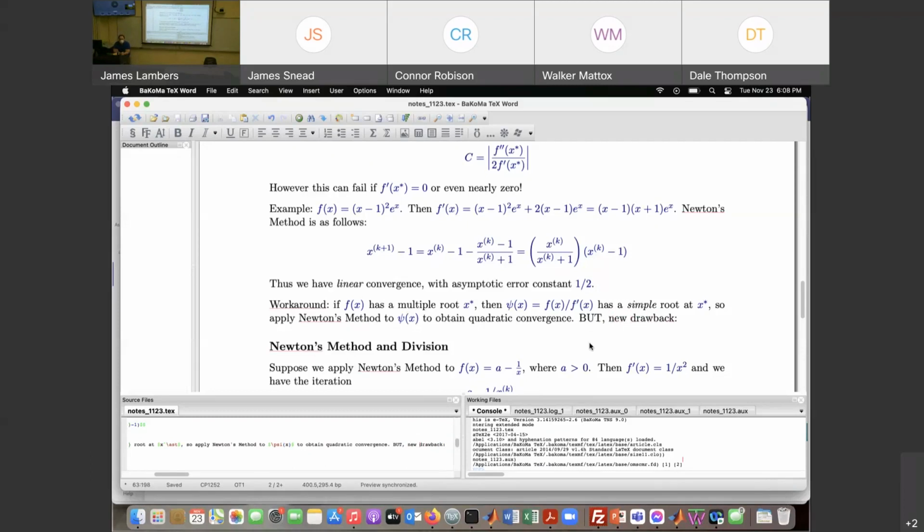I'm sorry, I can't hear you. It would fail if f prime goes to 0. Well, yeah, that is a risk, but beyond that. It's not new. I believe that our formula is going to require us to use the quotient rule and get quite a bit more complicated, yeah?